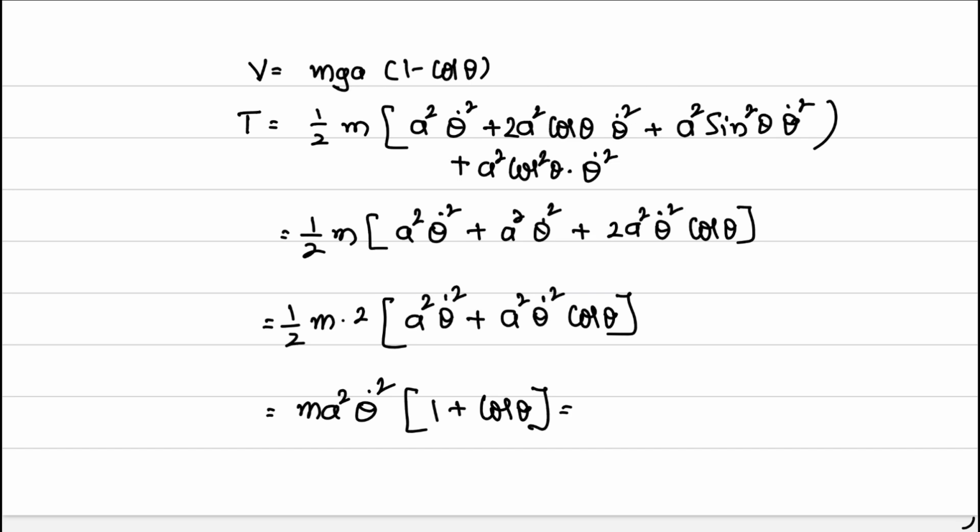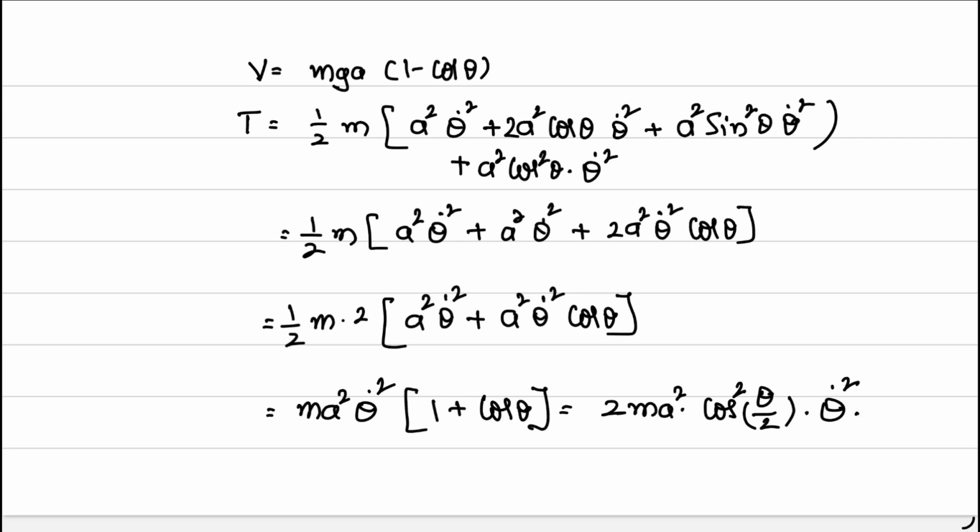Cos theta is equal to 2 cos square theta minus 1. 1 gets cancelled, 2 cos square theta by 2. That's all. That means 2ma square cos square theta by 2 into theta dot square.